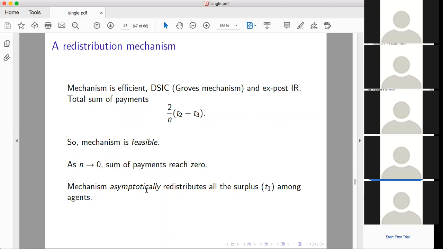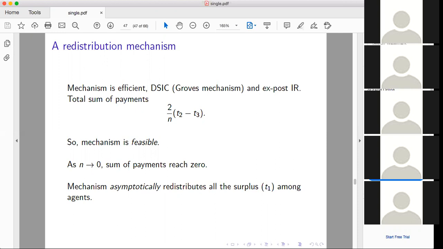In an ideal world, the sum of these payments should be equal to zero. What it would mean is that whatever T1 was, we were able to redistribute everything to all the agents. This mechanism is not able to do that. It still generates some amount of revenue, which is 2 by n T2 minus T3. But at least we can say that asymptotically, as n becomes larger and larger, we are able to redistribute everything in this mechanism.